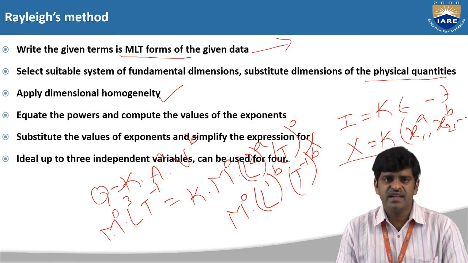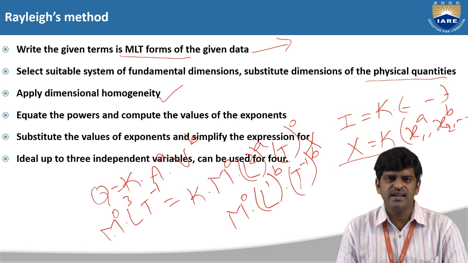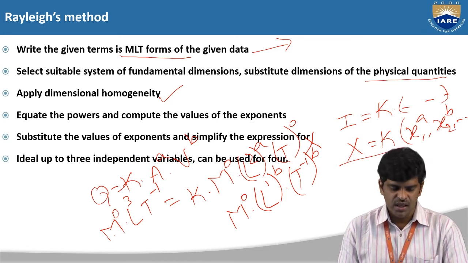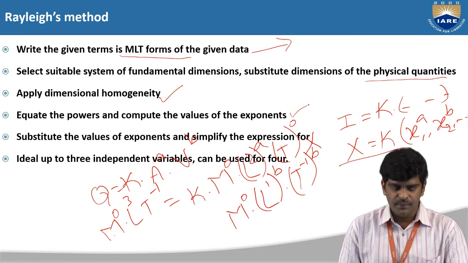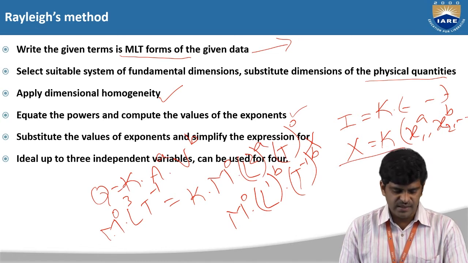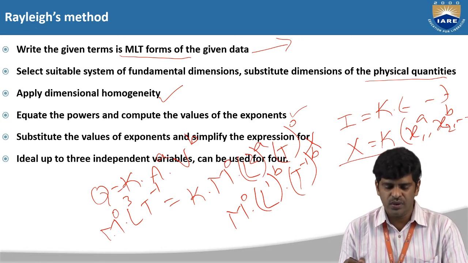Now see here, all the given parameters have been expressed in terms of MLT, that is the fundamental quantities. Up to here, the third step has been done. Now what we are going to do is apply the basic principle, that is, if the bases are equal, the powers are going to be equal.